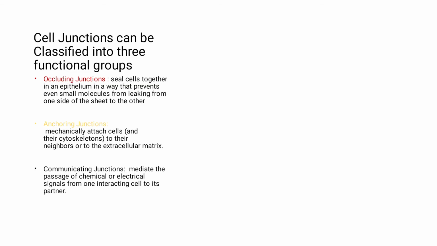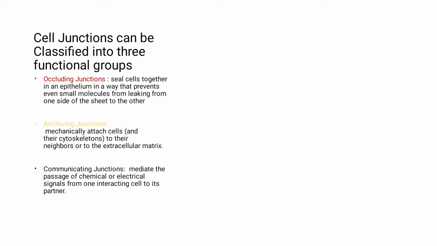Cell junctions can be classified into three functional groups. First, the occluding junctions, which function to seal cells together in an epithelium in a way that prevents even small molecules from leaking from one side of the sheet to the other.